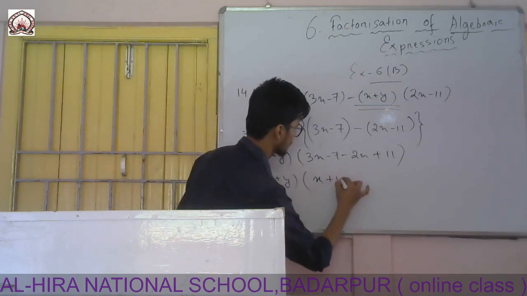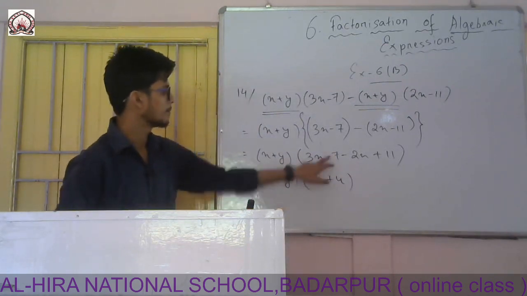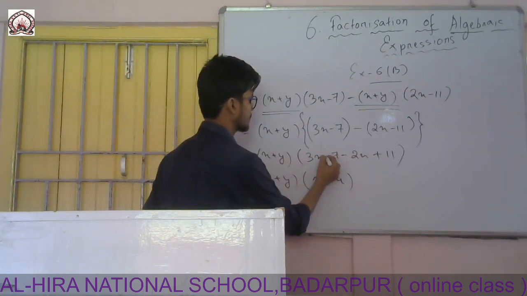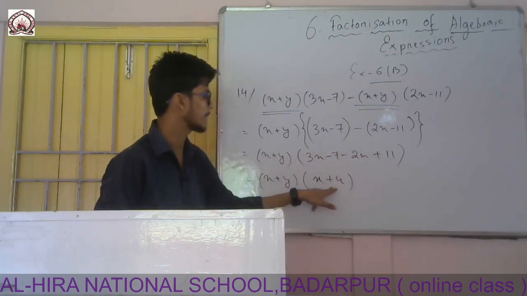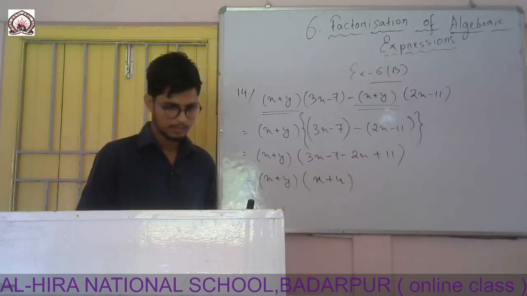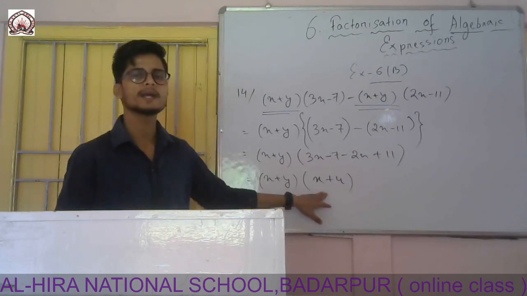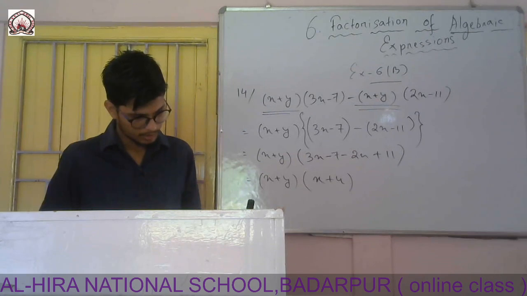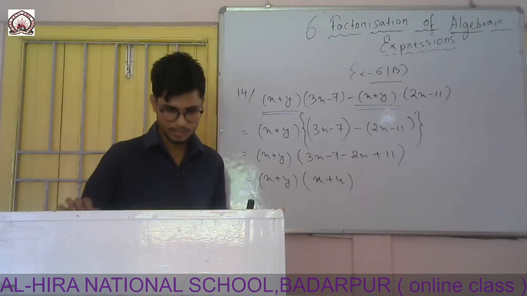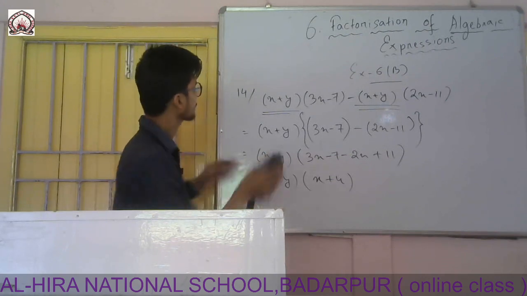So plus 4, minus 7 plus 11, 11 minus 7 is 4, 11 is greater, so plus sign. So the factors are x plus y and x plus 4. Question number 15 also you can do, it is similar to earlier. Now do question number 16.